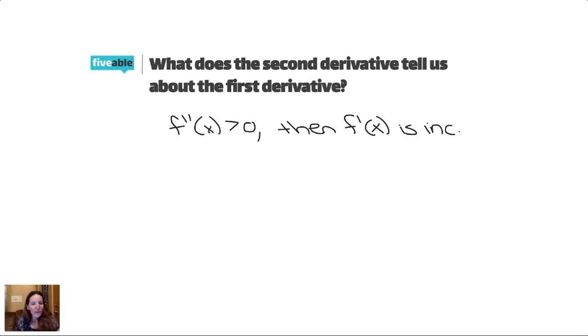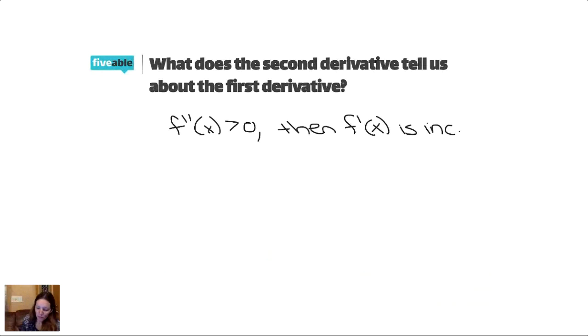If f prime of x is increasing, that means the slope of the original function is getting bigger faster. It's kind of like a second change, the change of the change. So your slope is increasing. Your slope is getting steeper.